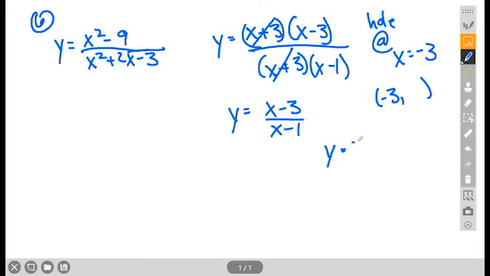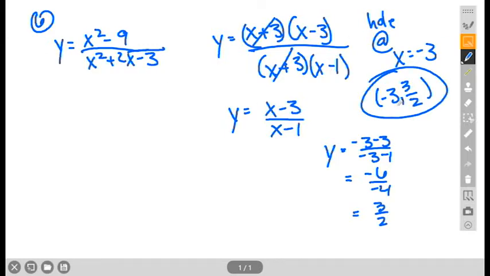So we have -3 minus 3 over -3 minus 1, which is -6 over -4, and that simplifies to 3/2, or 1.5. Okay, so the hole for number 6 is at -3, 1.5. There would be a hole for discontinuity there.